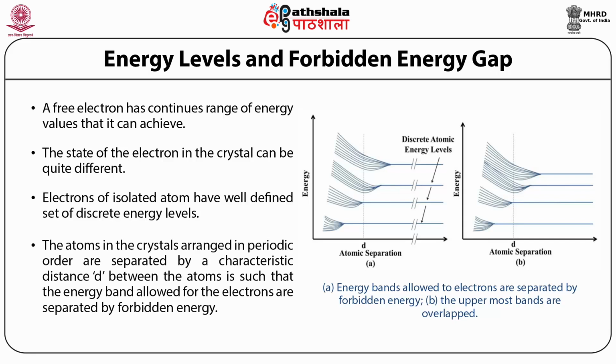The atoms in the crystal are arranged in a periodic order, separated by a characteristic distance represented by d. Between the atoms, the energy bands which are allowed for the electrons are separated by forbidden energy.